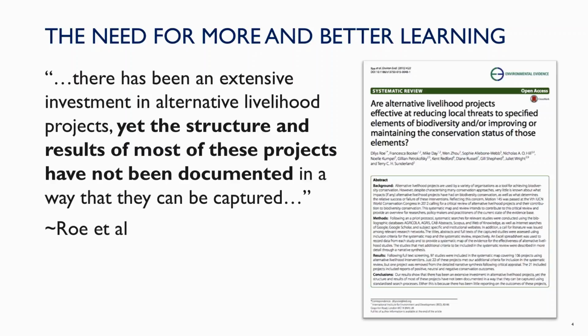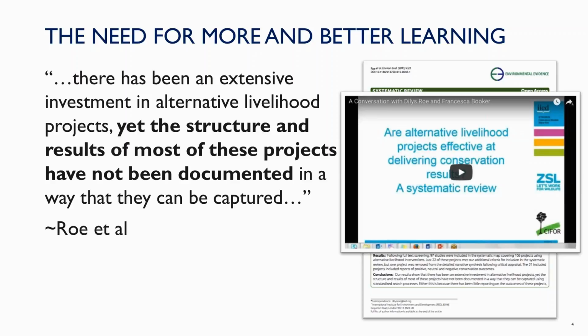So we really don't know what the impacts are, and that's because we're not doing enough high-quality monitoring and evaluation, or perhaps these strategies are not as effective as we think or we hope. But we don't know unless we do better monitoring and evaluation.